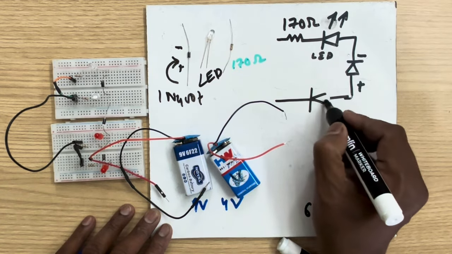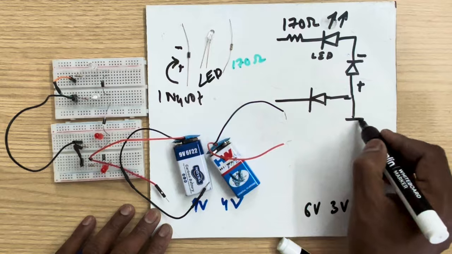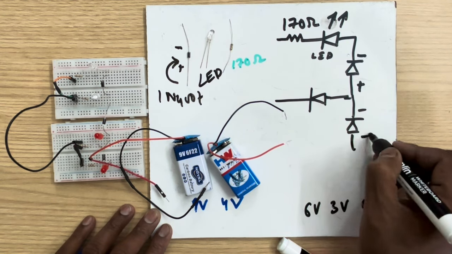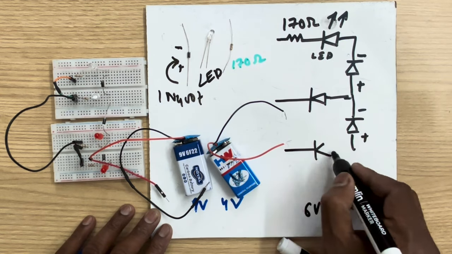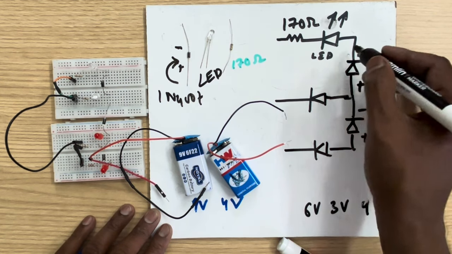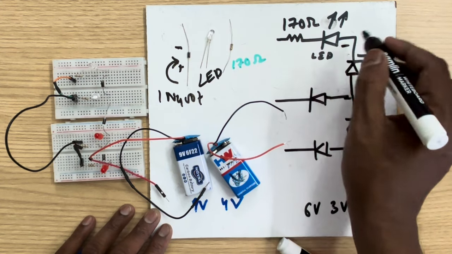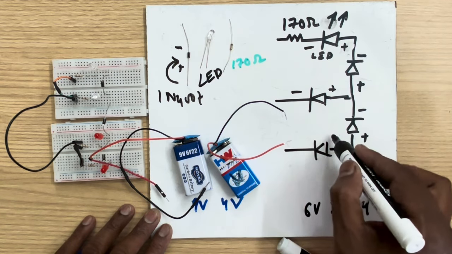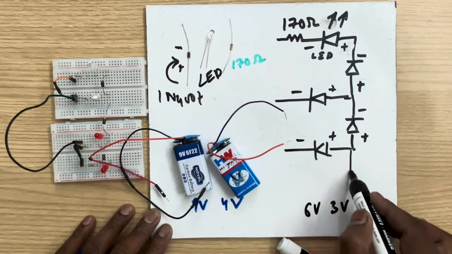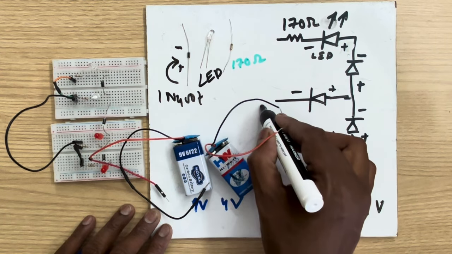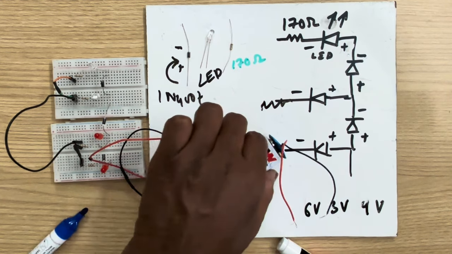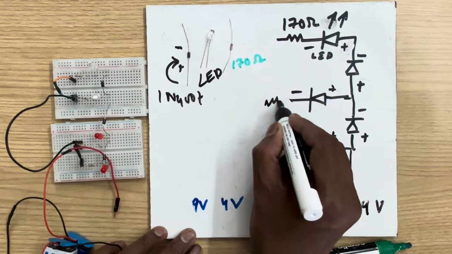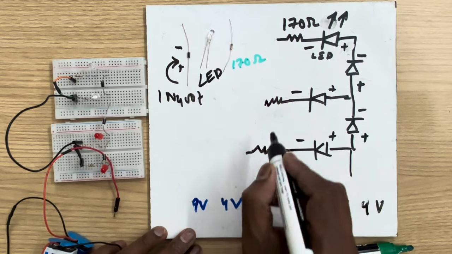I'll show you how I made it. Positive, negative, positive. This is positive, this is negative, this is positive, this is negative, this is positive, this is negative. And the resistances, you must use in series, like this, like this.